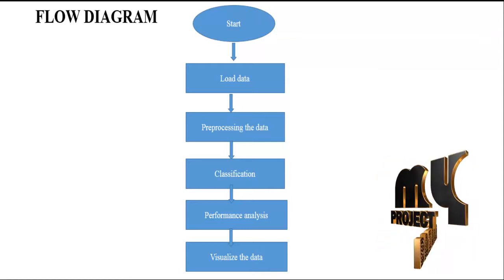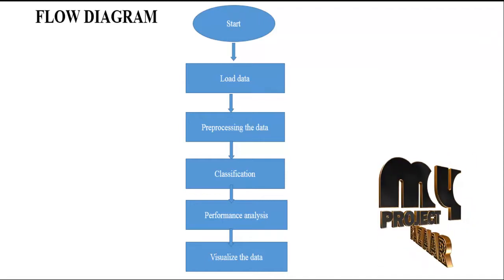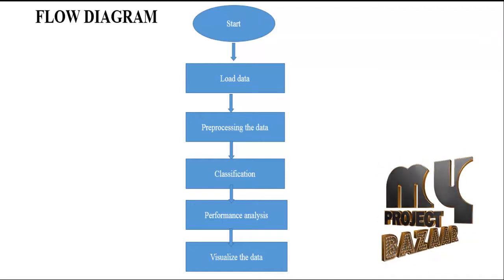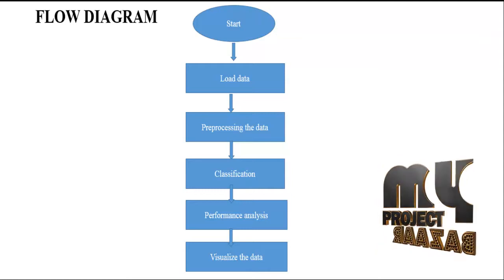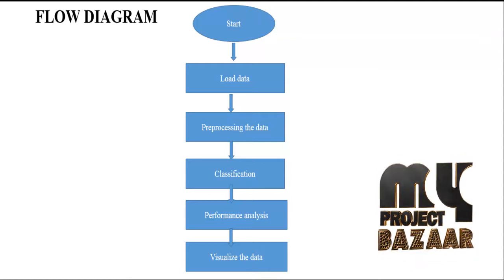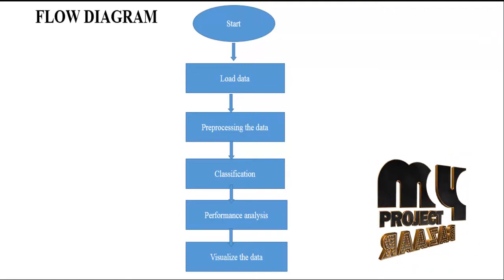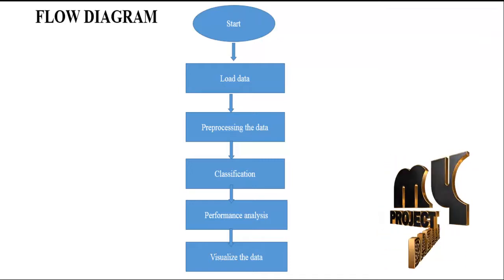Then we have to split our dataset into test and train. The dataset splitting is an act of partitioning the data, that is testing and training. Most of the data is present in training and a smaller portion of the data is used for testing.